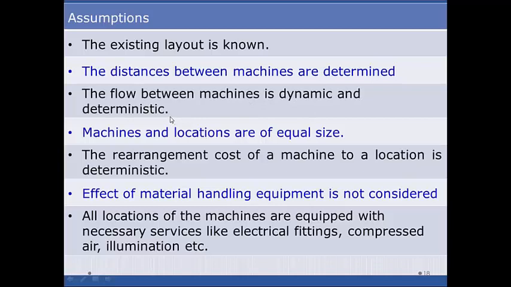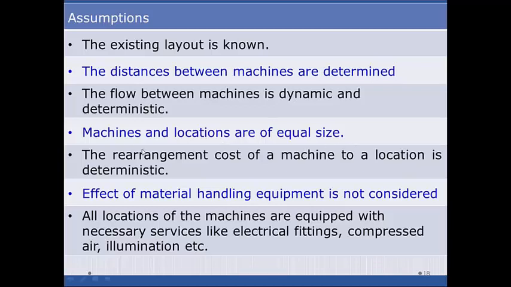The flow between the machines means, from machine 1 to machine 2, how many pieces are moving. This information can be had from the previous data, and it is dynamic because, as I told you, between different time periods the quantity to be produced varies as per the need of the parent industry or the customer industry.